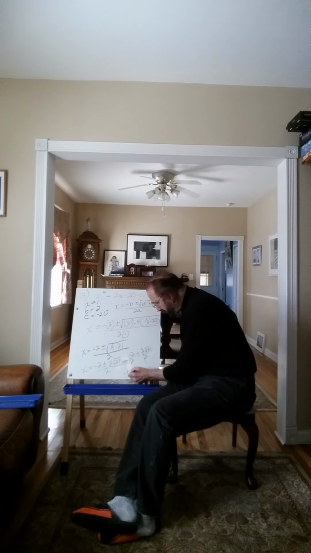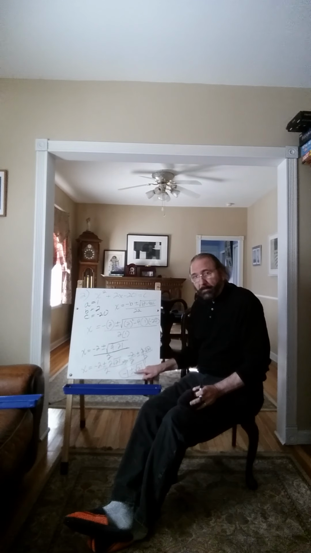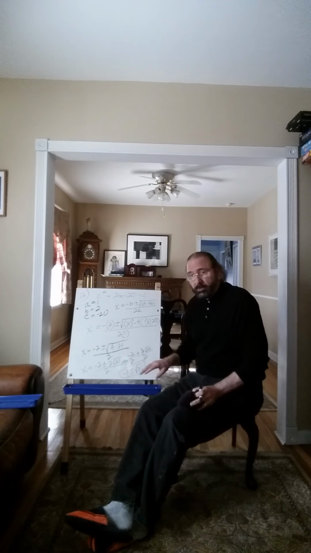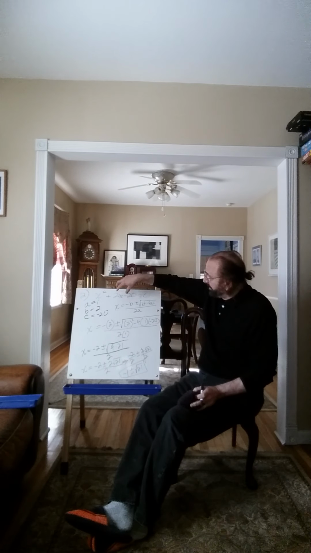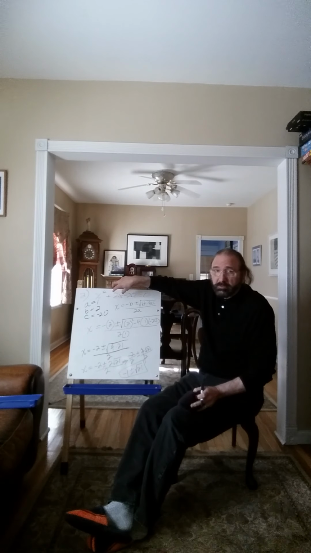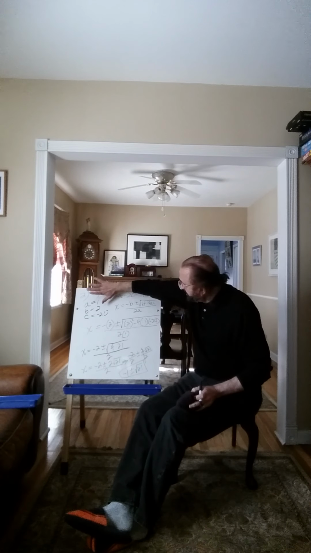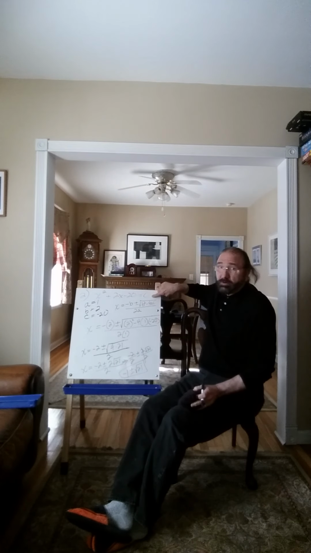How many answers are here? 2. Negative 1 plus square root of 21. Negative 1 minus square root of 21. We don't have time right now, but if I took this and put it into the original equation, on this side, this would become 0 for both of these values. This is an irrational number.